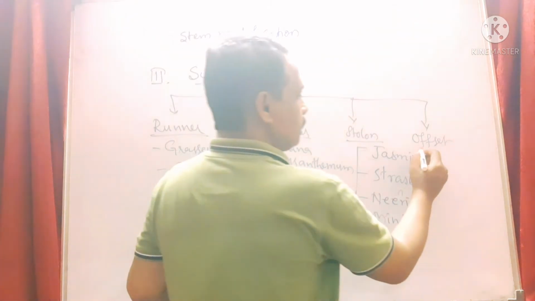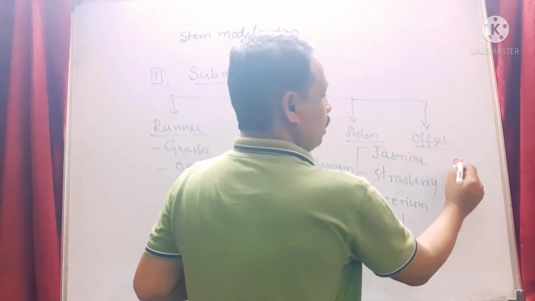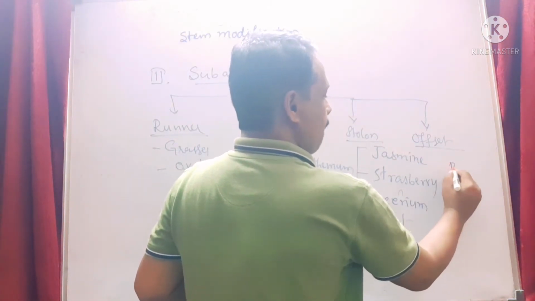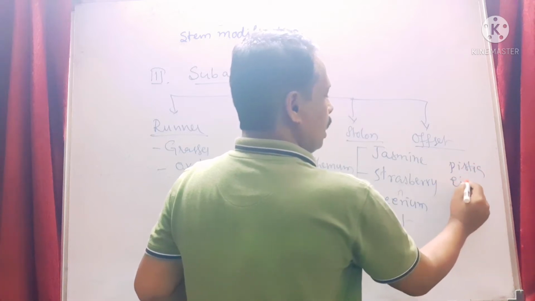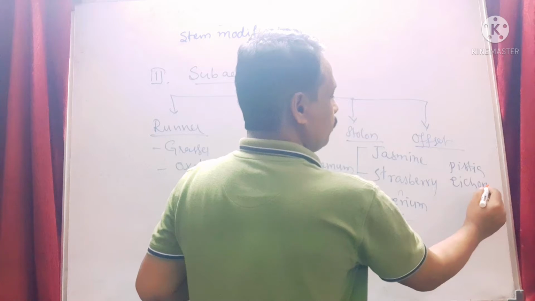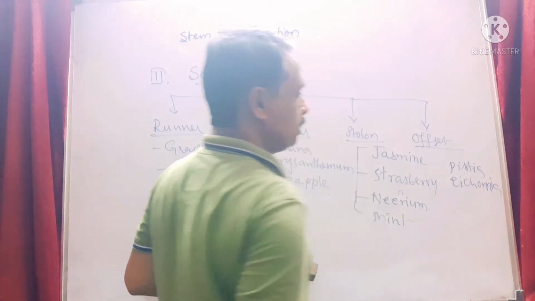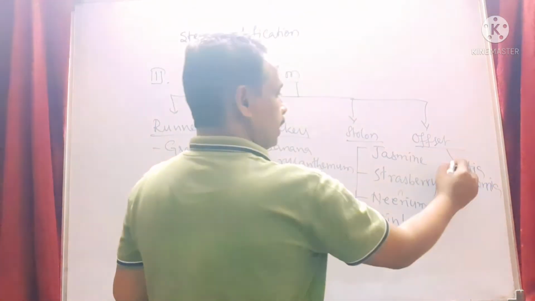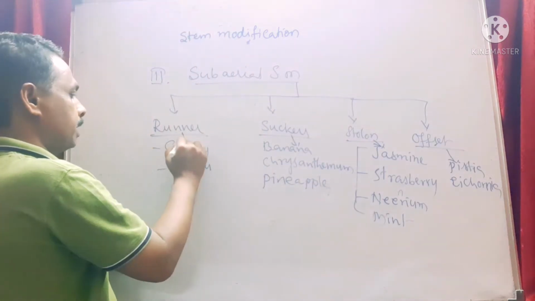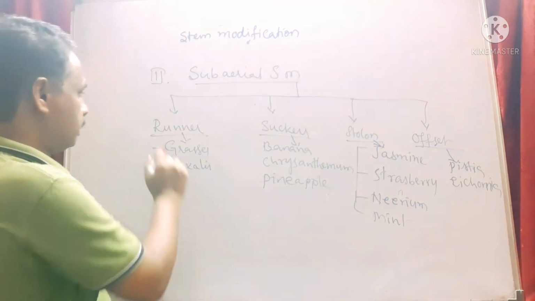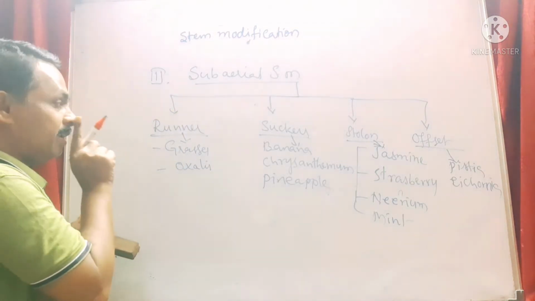Next, offset examples: Pistia, Eichhornia, hydrophytic plants. These are the examples for this category, right? Now let us discuss the characteristic features of a runner.